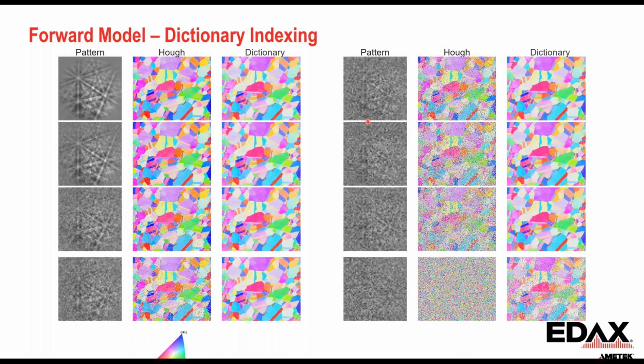Where dictionary indexing, there's enough information content still present that you can see really down to about here, we're pulling out the correct microstructure at this point, and then this becomes a little noisy, but you can see that it extends the performance of what we're able to index beyond what we can do with the traditional Hough indexing. So that's very exciting.